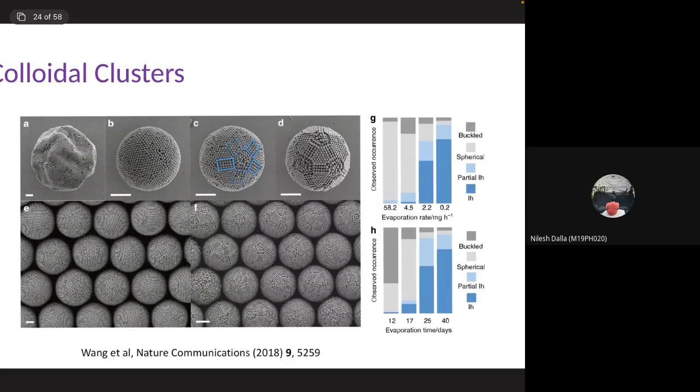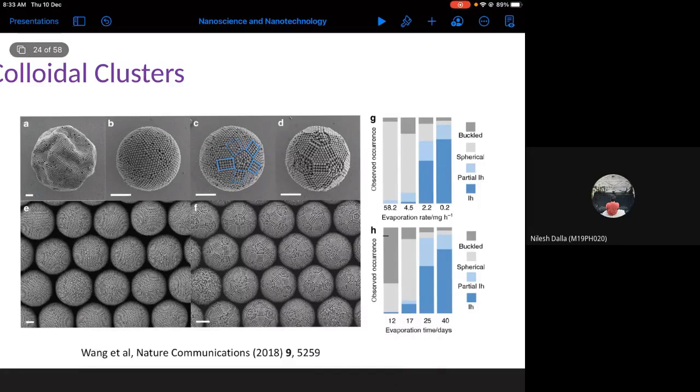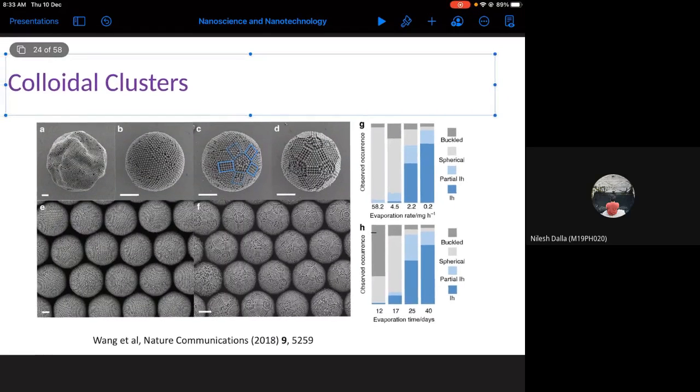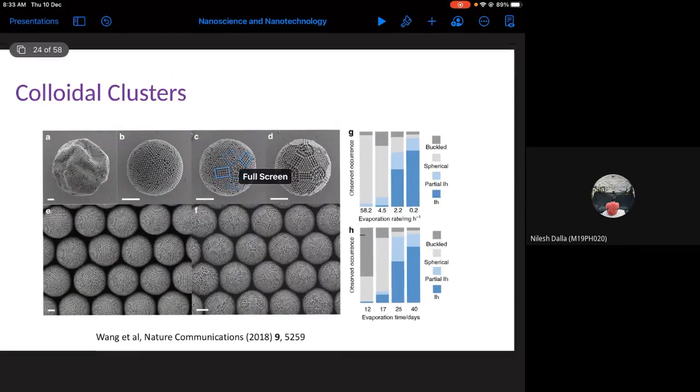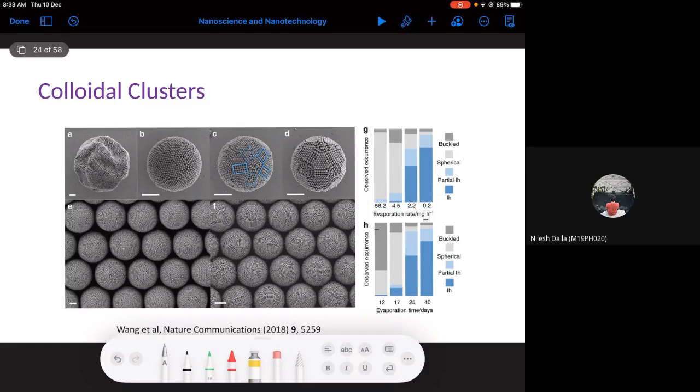So here on the left side, what is mentioned is this evaporation rate. This shows you that if the evaporation rate is slow, then you get this icosahedral structure, which is almost like a crystal.